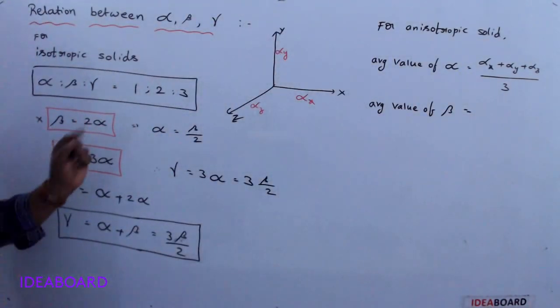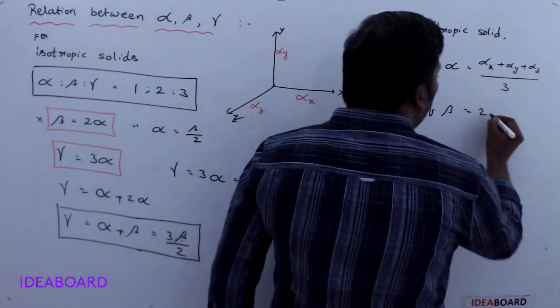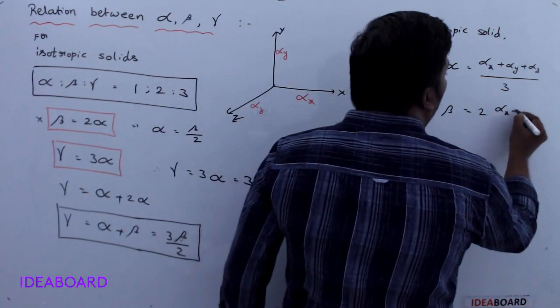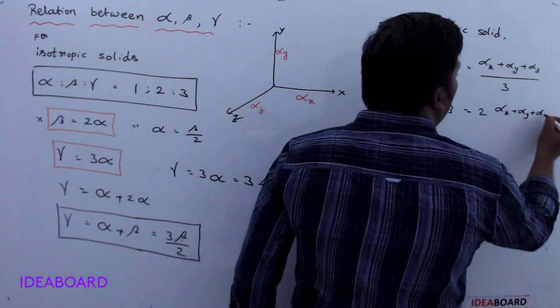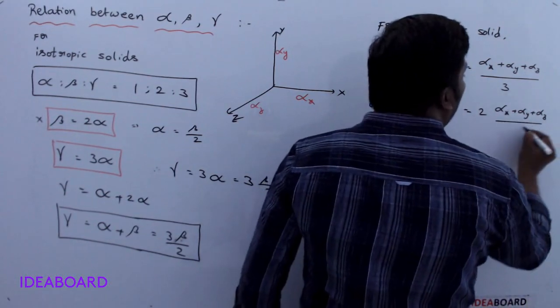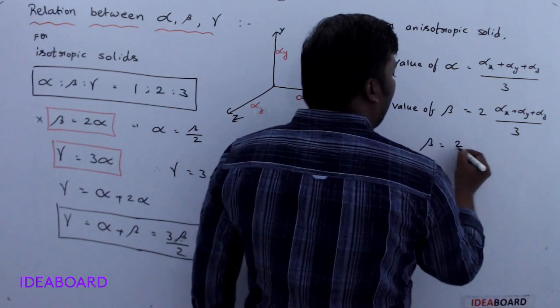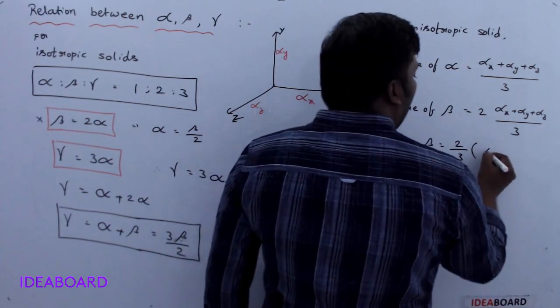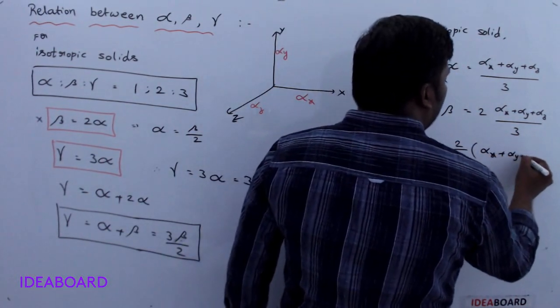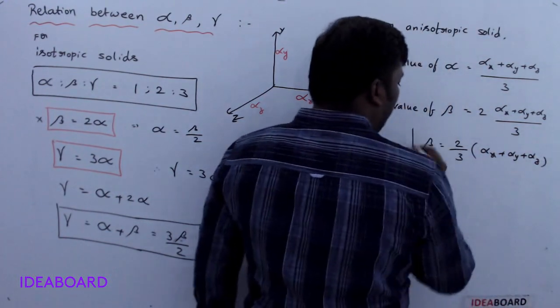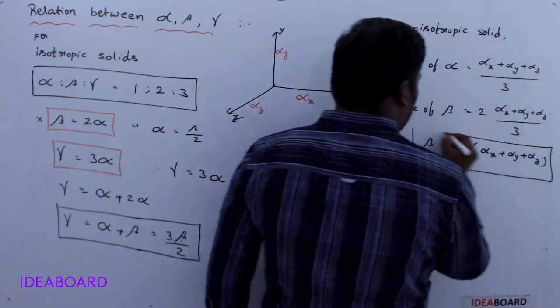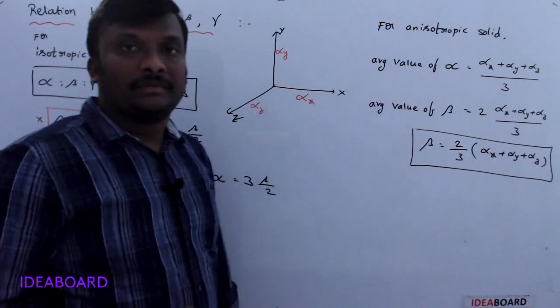Beta value is 2 alpha, so 2 into alpha x plus alpha y plus alpha z by 3. If you want to write it, beta is 2 by 3 into alpha x plus alpha y plus alpha z.